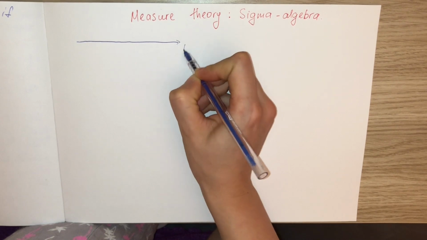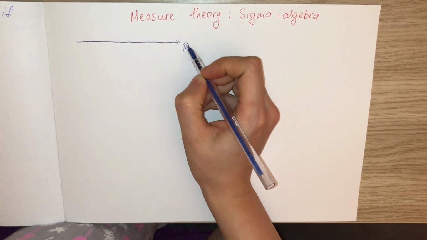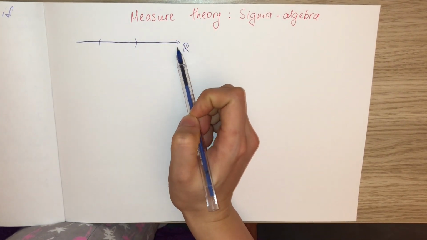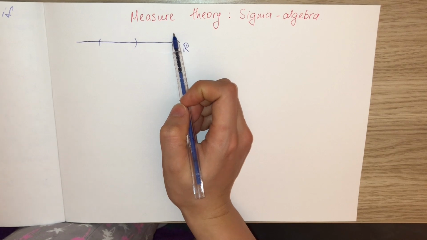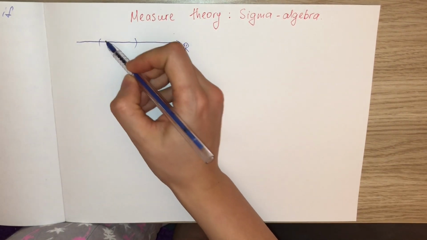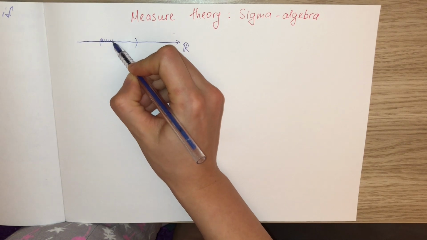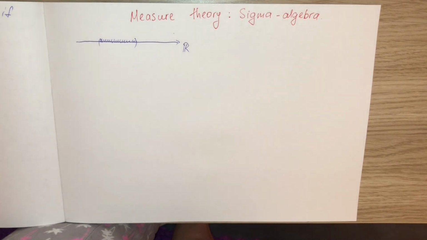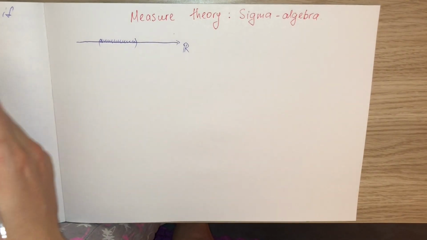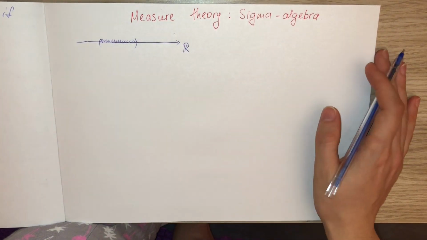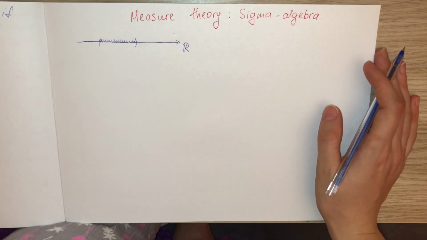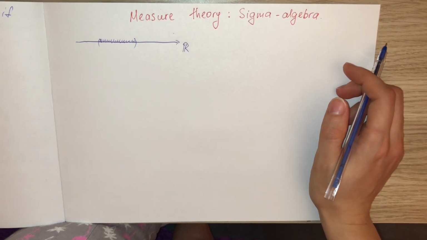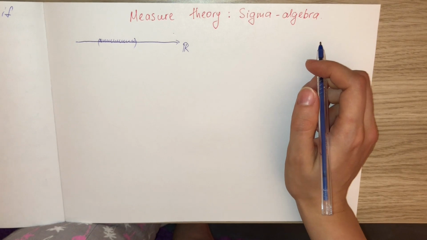Okay, this is R and this is a subset of the real line, and we need to ask how to measure this subset. Or in other words, what is the measure of this subset? And this is what measure theory is about. We want to give the subset a meaningful measure, in other words, a generalized volume.